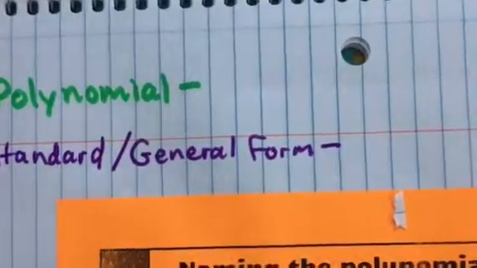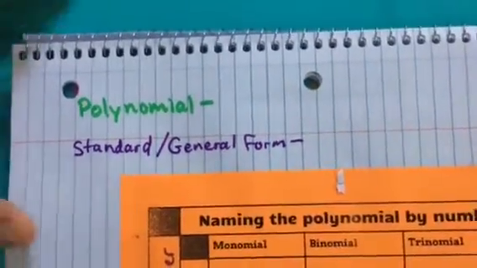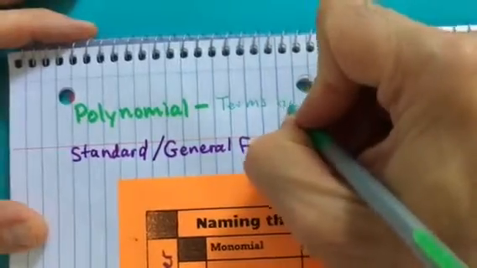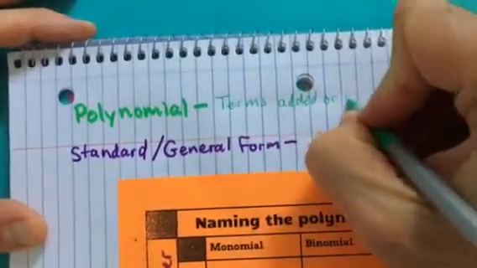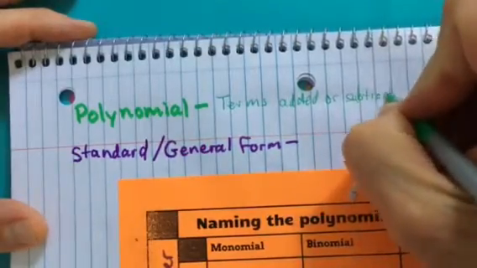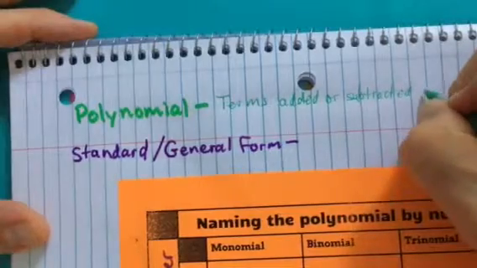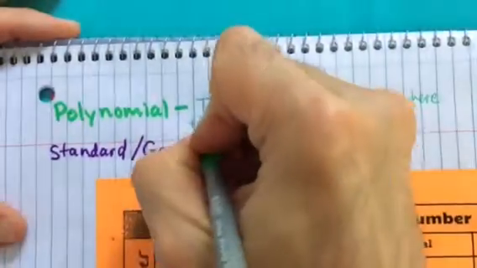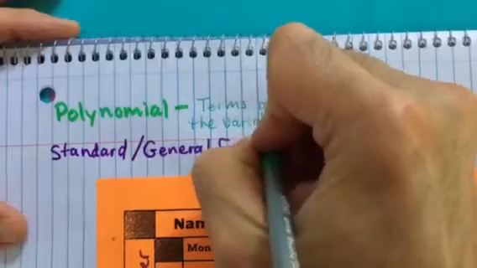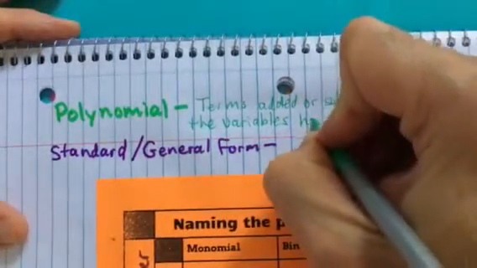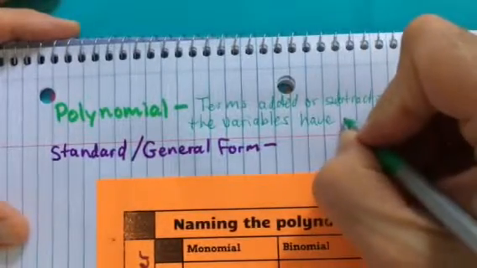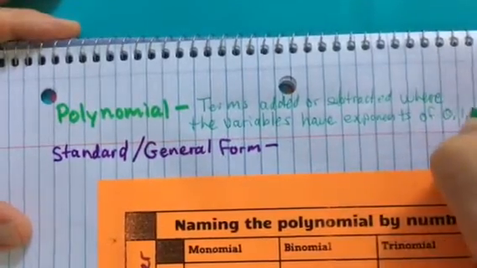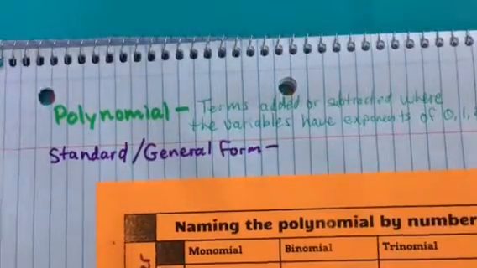Well, a polynomial is a bunch of terms added or subtracted, where the variables all have, say, exponents of 0, 1, 2, 3, etc. No fractions, no decimals allowed.